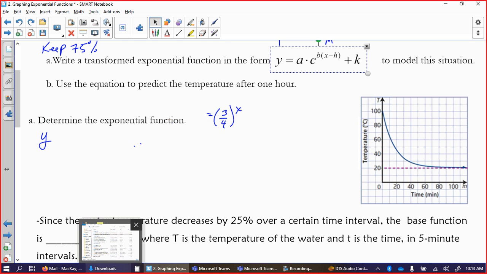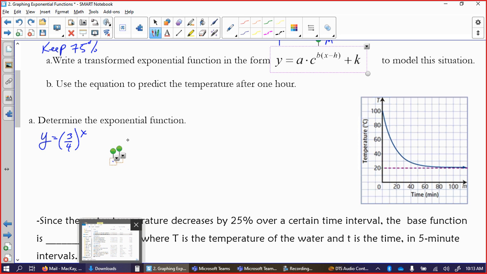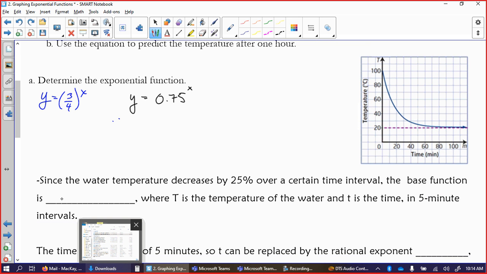So the exponential function is y equals 3/4 to the x. You can also do it kind of as 0.75 to the x.